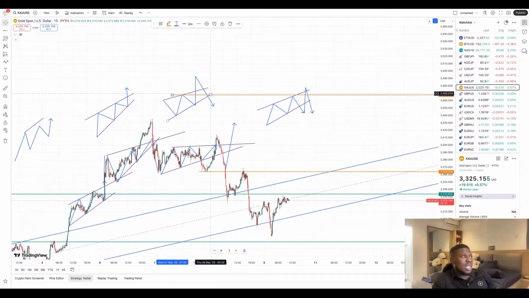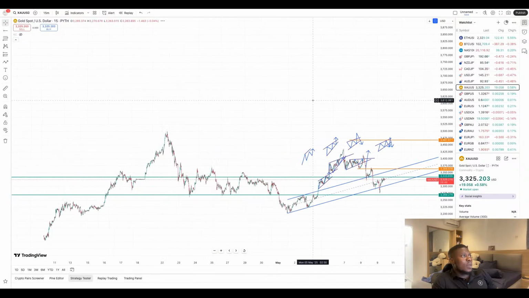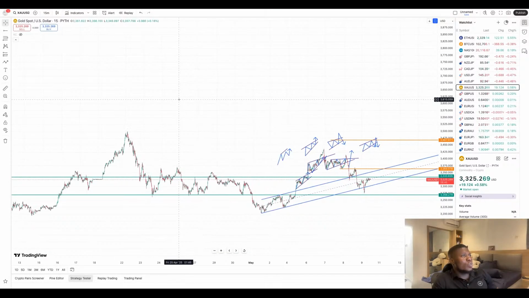Once you know that this is the chart pattern that has formed, that's why I said that before you can follow my trading strategy, I pointed out a few things you should pay attention to: your trend, your cycle, your chart pattern, your Fibonacci, your support and resistance.